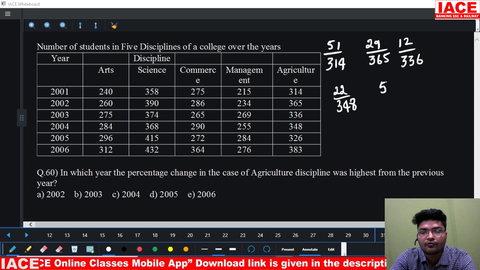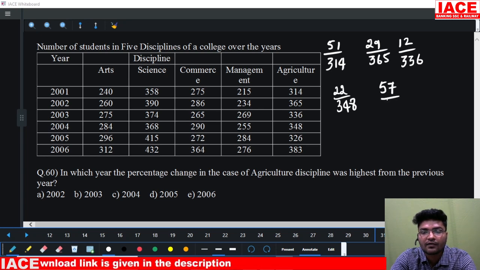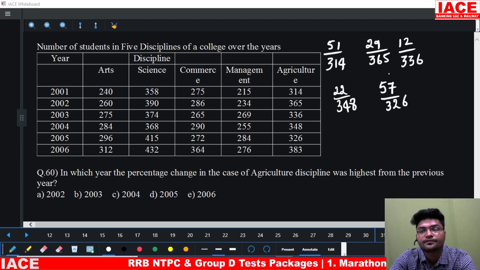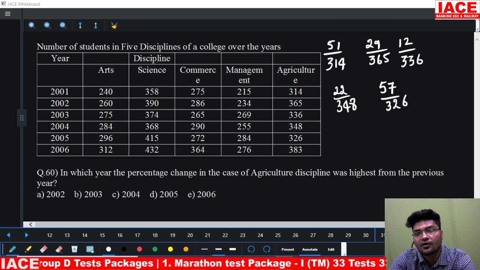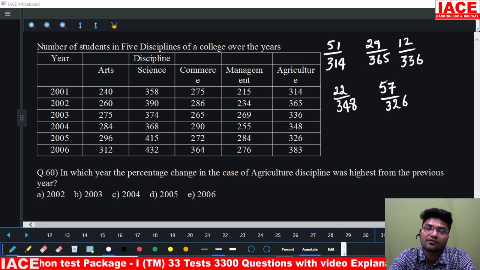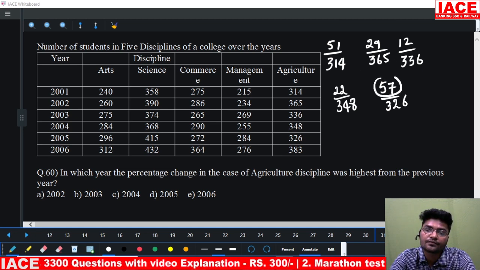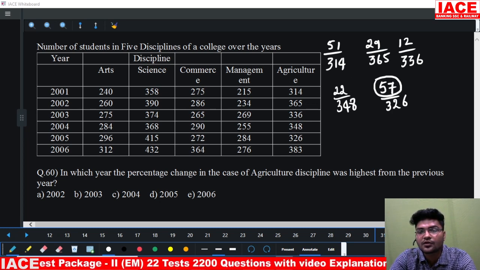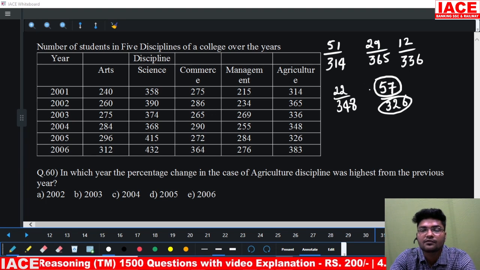Next, last, 326 to 383. This is 57 divided by 326. If you observe all these numbers, 57 is the highest, and among the denominators, 314 and 326 are the least possible ones. 326 is closer, and 57 is greater than 51.